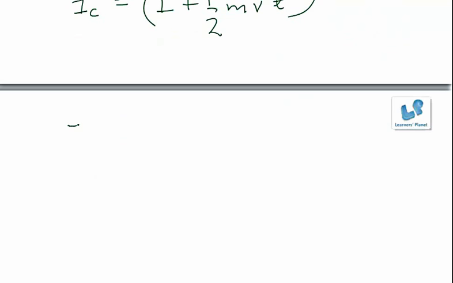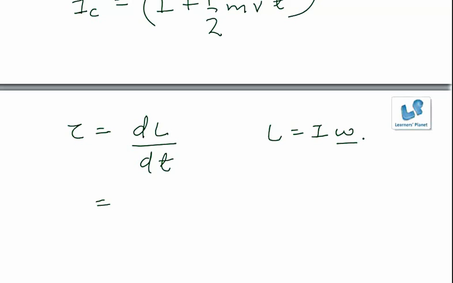Now torque is given by the rate of change of angular momentum, dL by dt. L is given by I into omega, where omega is constant, as given in the question. So we can write torque as omega dI by dt.